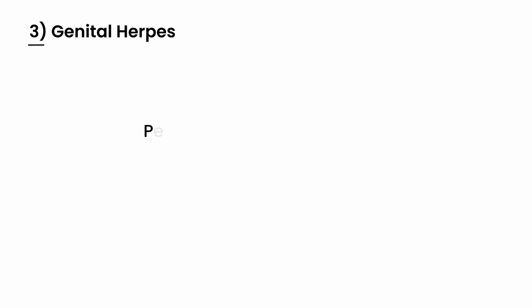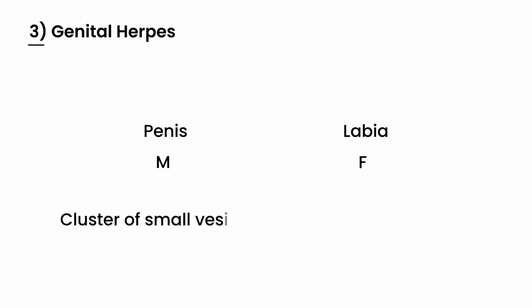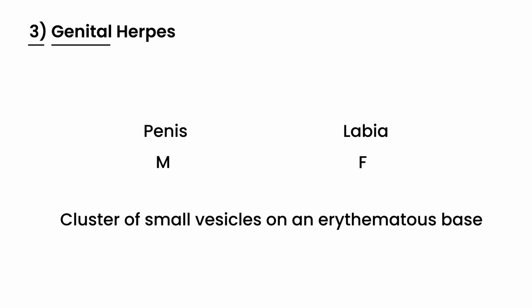And basically what you have, on either the penis in a man or the labia in a female, is the very similar cluster of small vesicles on an erythematous base. So very similar to the previous description, but this time it's appearing in the genital area.